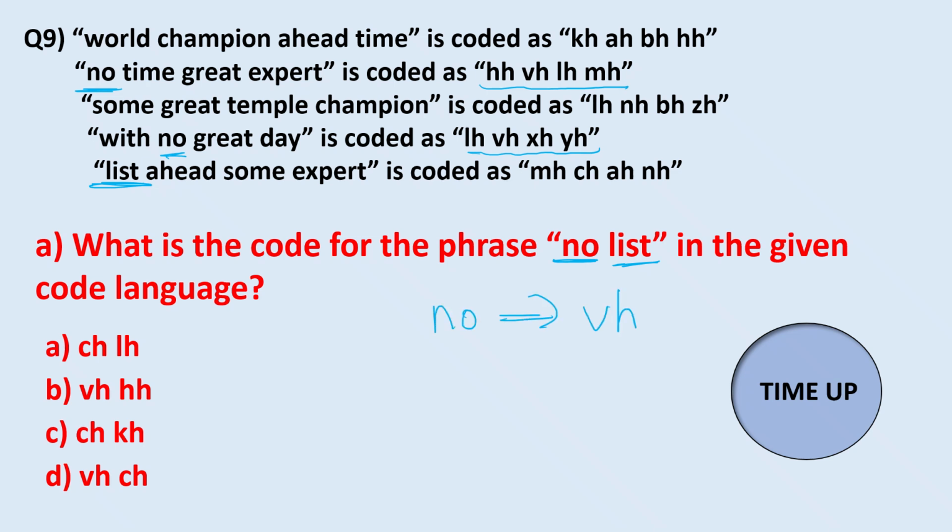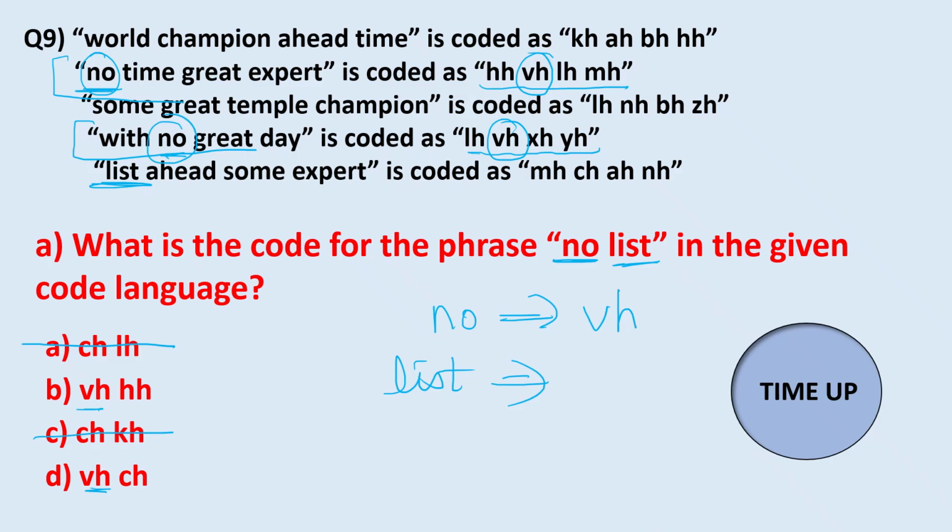VH, because VH is common in the second statement and in the second last statement where you have no. Okay, now you want the code for least. So can you eliminate the option from this? Yes, this option will be eliminated because we want VH somewhere. So it is available in option B and D.